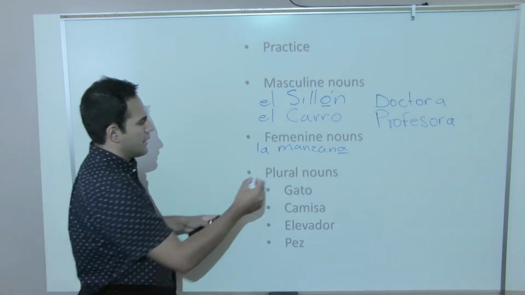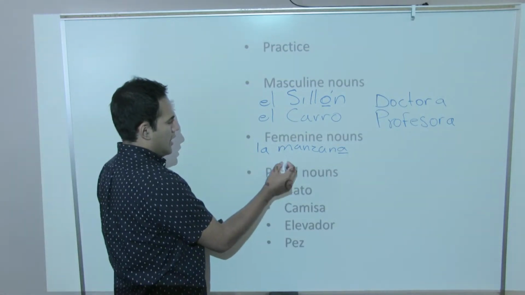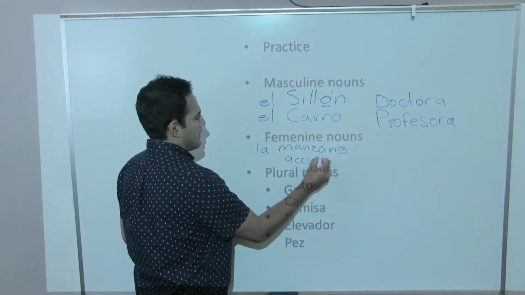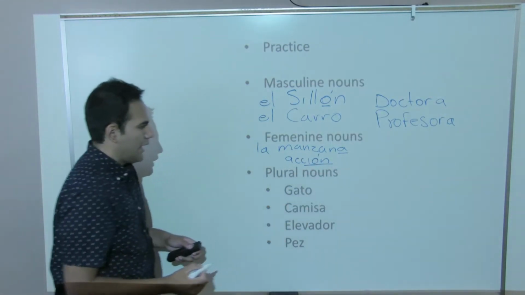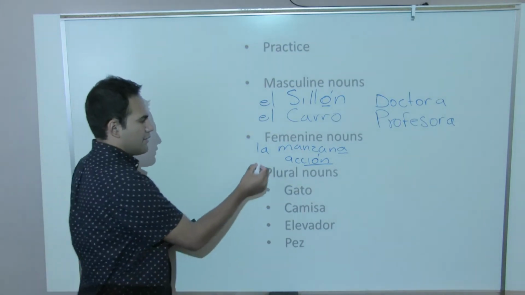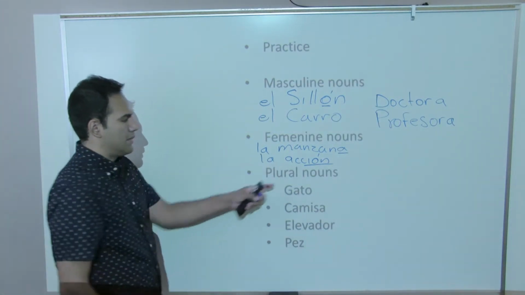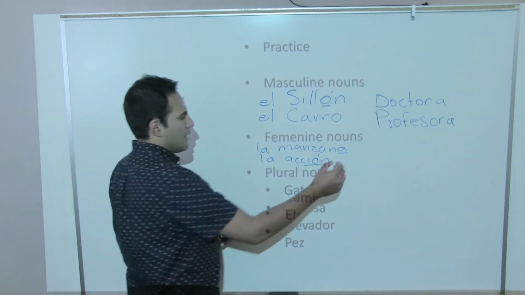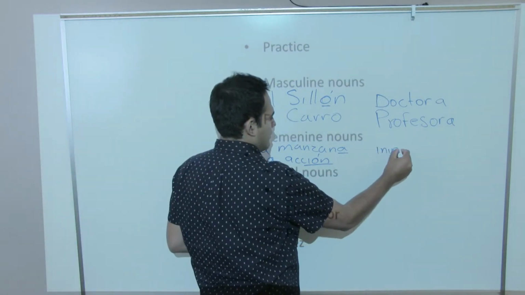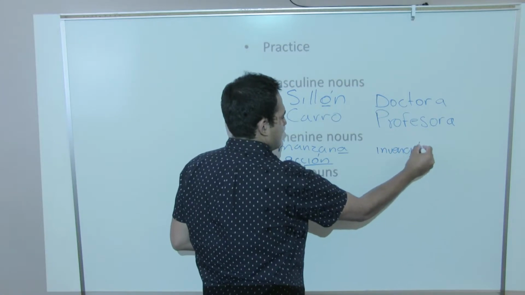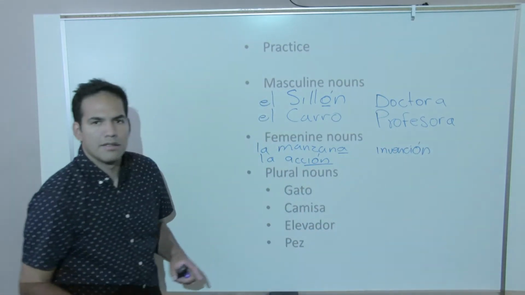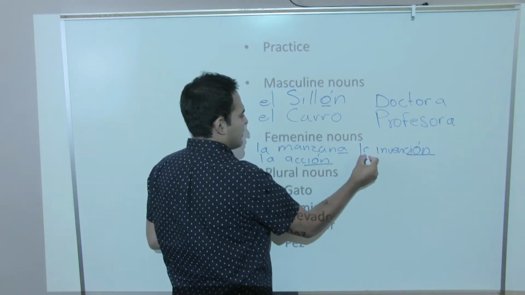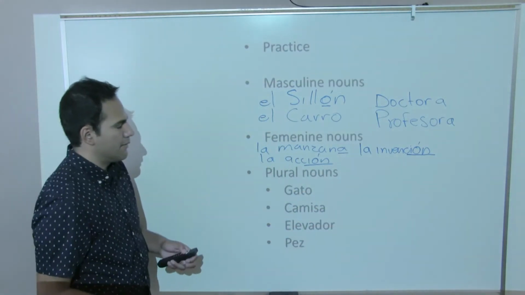And then we talked about the sion, for example, in the word acción, here we have the ending S-I-O-N, so those words are always going to be feminine. Acción, action. What about invención, invention. So here we have the sion, so also it's going to be feminine for invención.